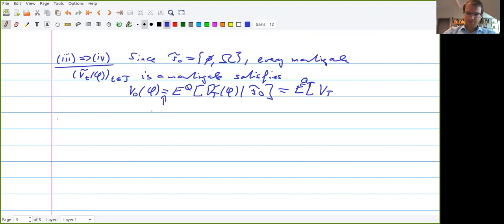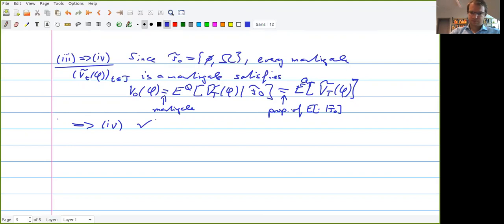And so this is a martingale. And this is what we wanted to show.